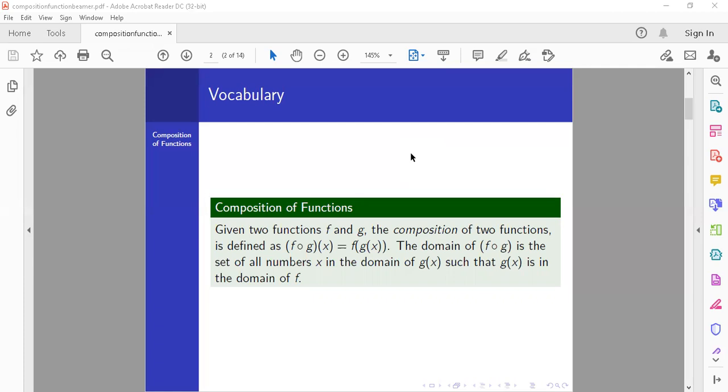And what that means is that you have two things to check. You have to make sure that you can put values into g first, and then whatever comes out of g has to go into f without causing any problems. So only values that satisfy both of those conditions are allowed to go all the way through the composition.